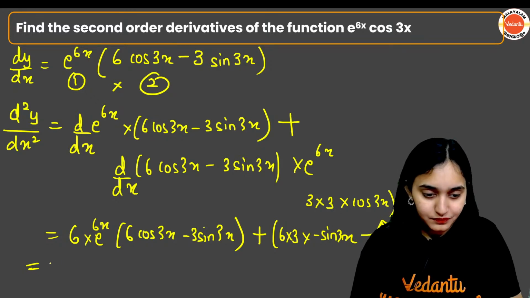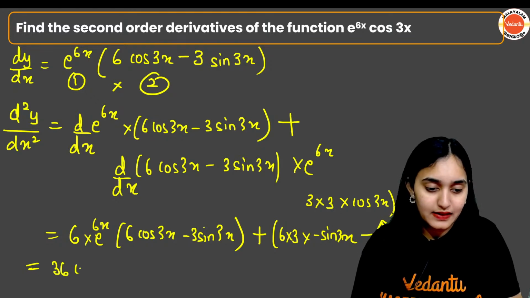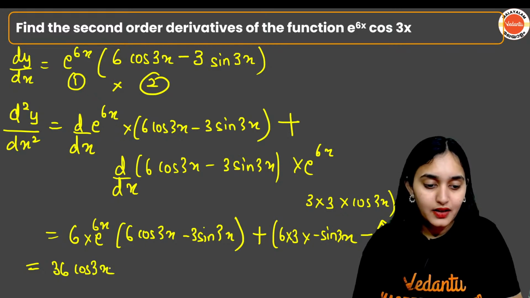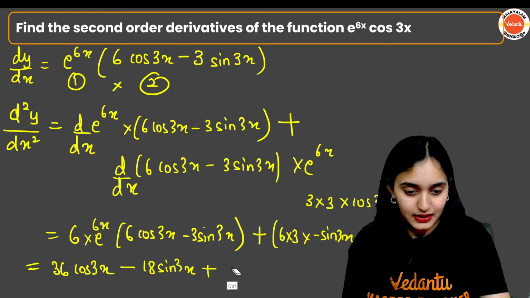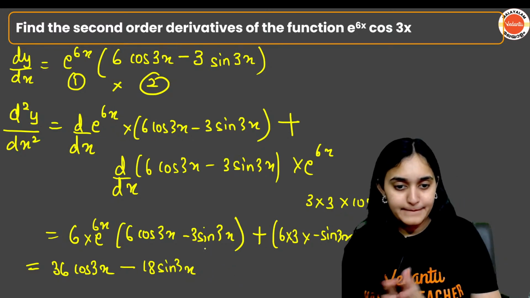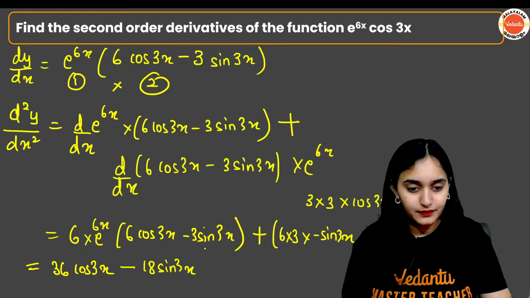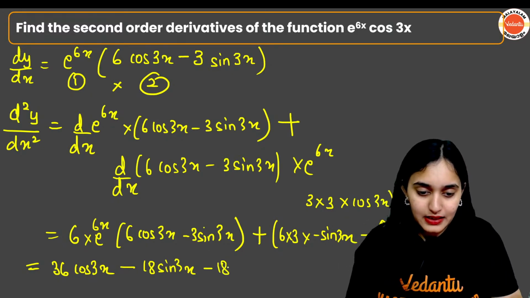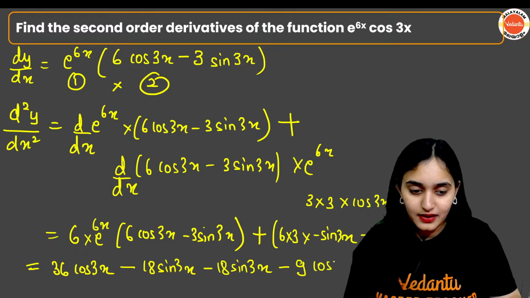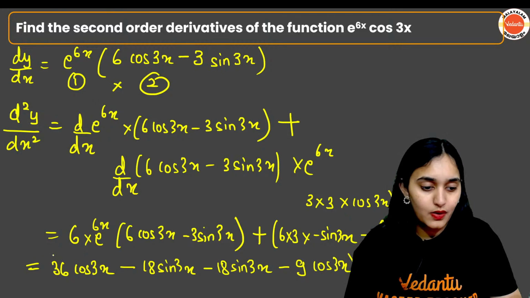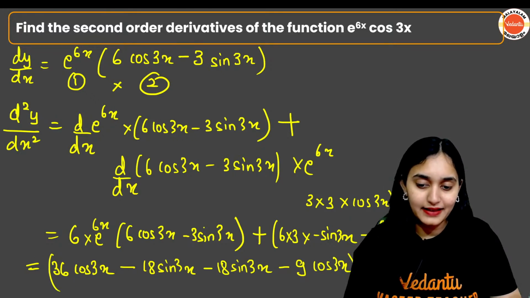I get 6 times 6 is 36 cos 3x and 6 times 3 is 18 sin 3x, with a minus sign, so minus 18 sin 3x, and 6 times 3 is again a minus, and minus 3 times 3 is 9 cos 3x, whole multiplied with e to the power 6x.